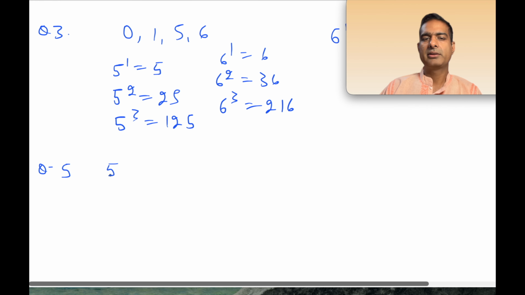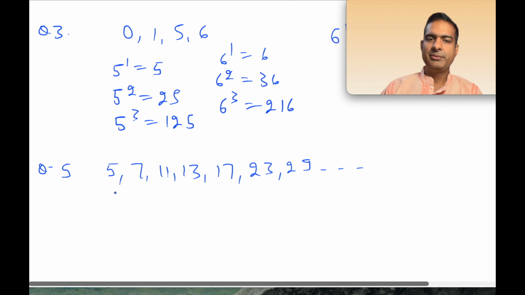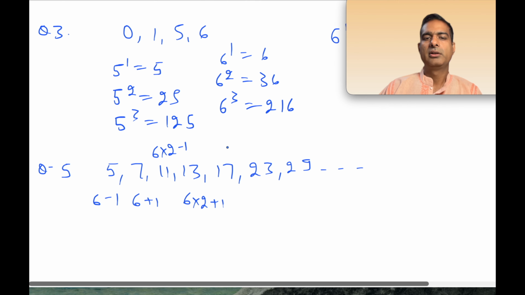So the prime numbers greater than 3 are 5, 7, 11, 13, 17, 23, 29 and so on. If we examine it, I can write 5 as 6 minus 1, 7 as 6 plus 1, 11 as 6 into 2 minus 1, 13 as 6 into 2 plus 1, 17 as 6 into 3 minus 1, 23 as 6 into 4 minus 1, and 29 as 6 into 5 minus 1.